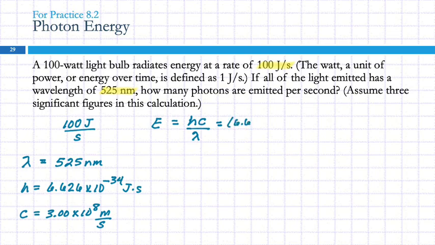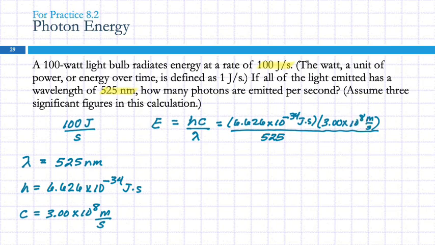So that's 6.626 times 10 to the negative 34 joule seconds, times 3.00 times 10 to the 8th meters per second, divided by the wavelength. Again, we've got meters up here, and our wavelength is in nanometers. So instead of writing the prefix n, I'm going to write what it means, times 10 to the minus 9 meters.